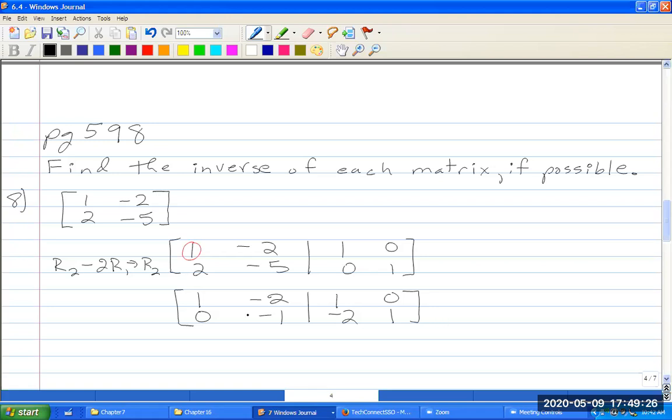Let's take the second row, multiply by -1 to give me a new second row. Once I've gotten the new second row, let's take the first row, add to it twice the second row to get me a new first row.